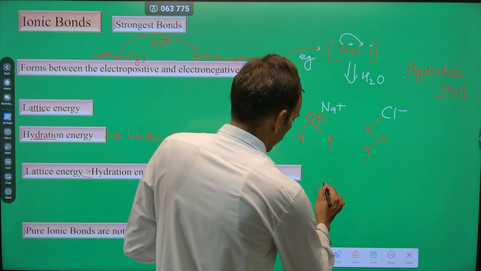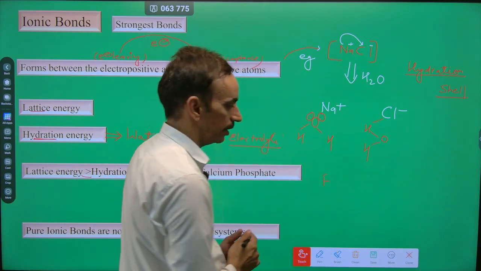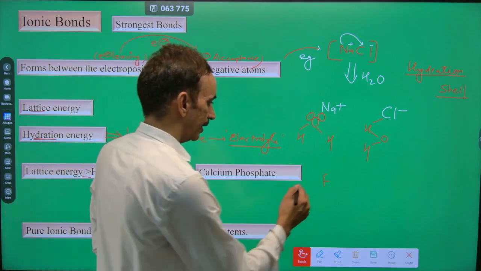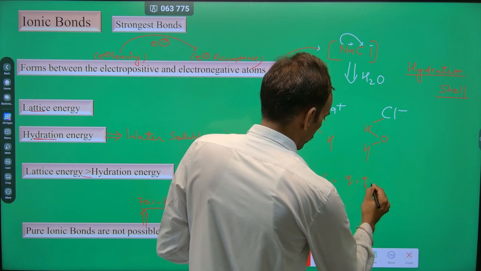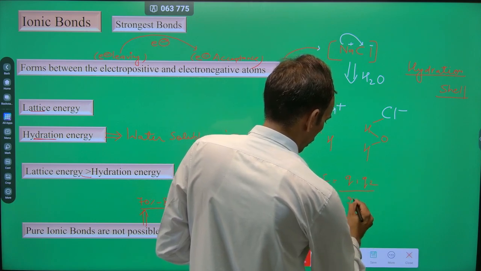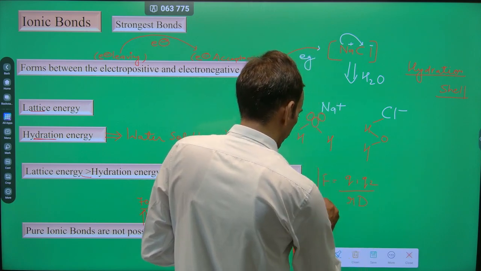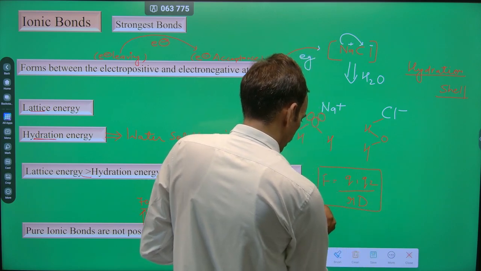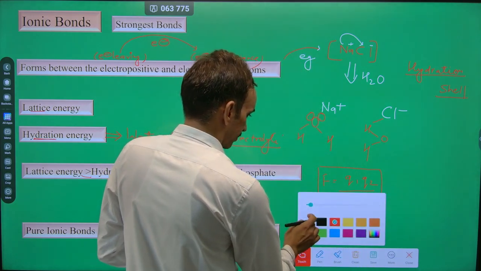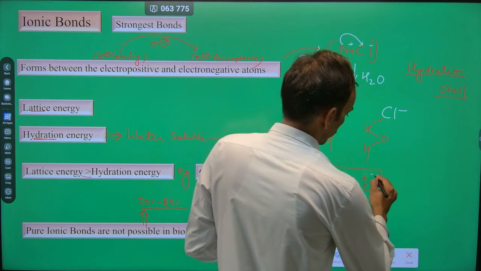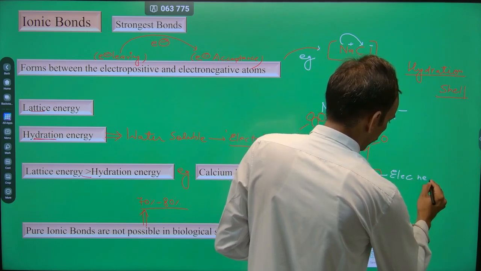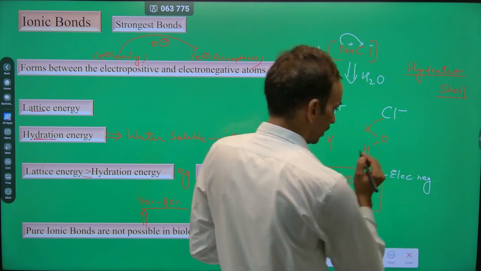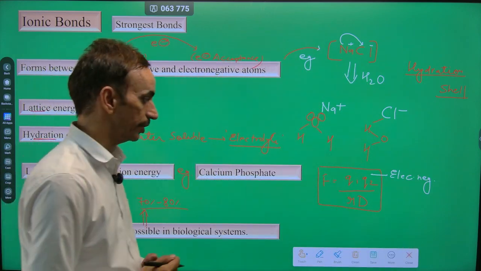Second thing, the strength of the ionic bond is denoted by F, which is equivalent to Q1 Q2 upon R D. Here Q1 and Q2 are the charges of the two atoms involved in the ionic bond formation.